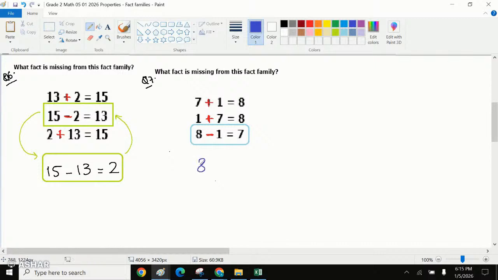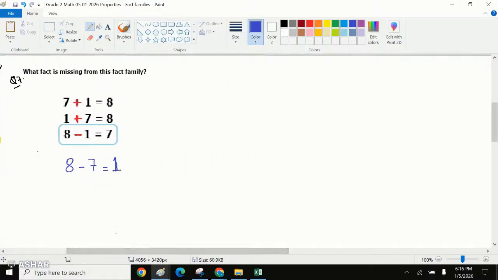Then it should be 8 minus 7 should be equals to 1. Yes, thank you, May. Thank you, the second student. Okay. This is our statement for the negative. Okay. Moving ahead to the next question.